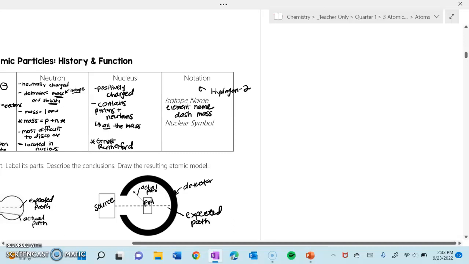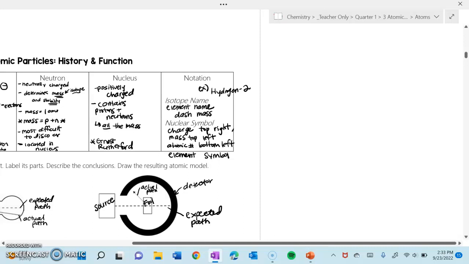The nuclear symbol for any element for their information is written with the charge in the top right corner, the mass in the top left, atomic number in the bottom left, and the element symbol.